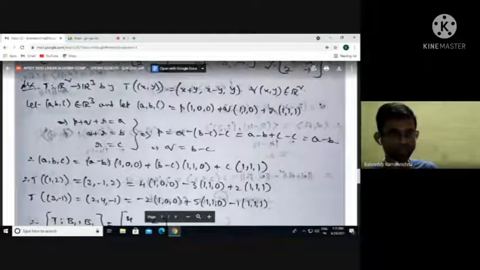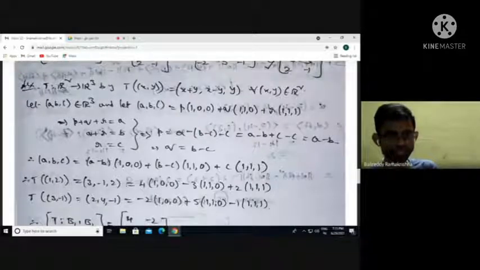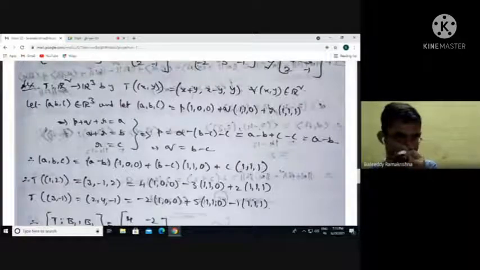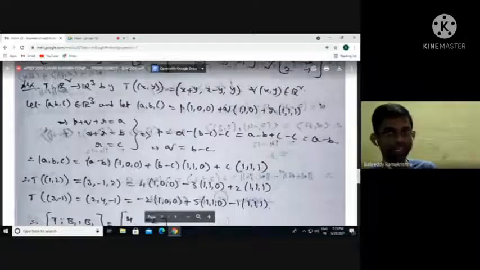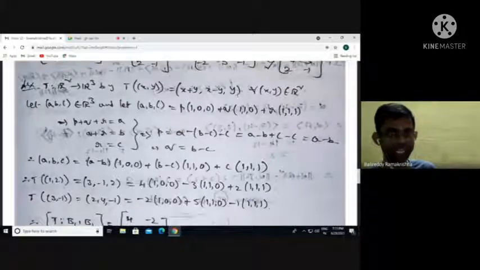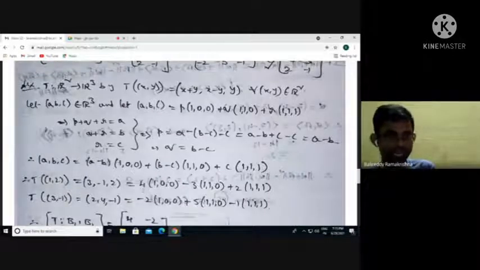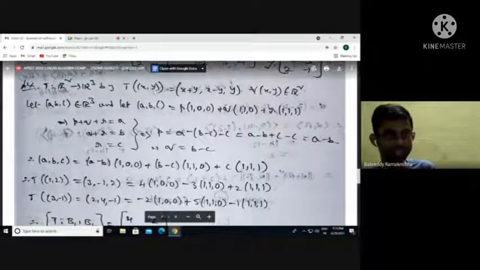T of (1, 2) is equal to, substituting these values, (3, minus 1, 2), because x is equal to 1 and y is equal to 2. The first coordinate is x plus y, which is 3, the second coordinate is minus 1, and the third coordinate is 2. It can be written as 4 into (1, 0, 0) minus 3 into (1, 1, 0) plus 2 into (1, 1, 1), because a minus b, with a, b, c being 3, minus 1, 2, gives 3 minus of minus 1, which means 4.